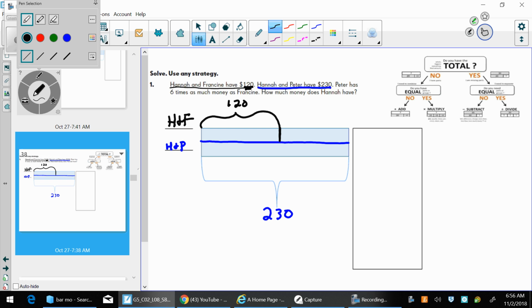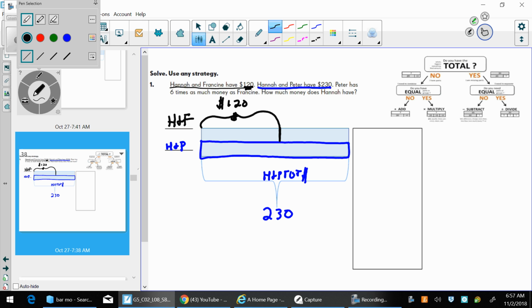Okay, now it's a good visual here to get me started. I have Hannah and Peter down here, and this whole bar is going to represent their total money. And then up here it's going to be Hannah and Francine total money.